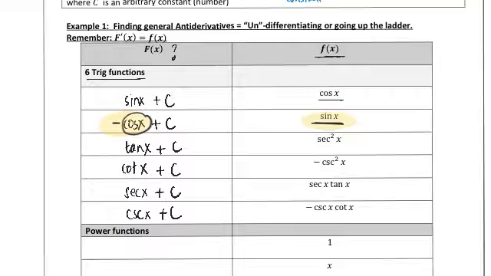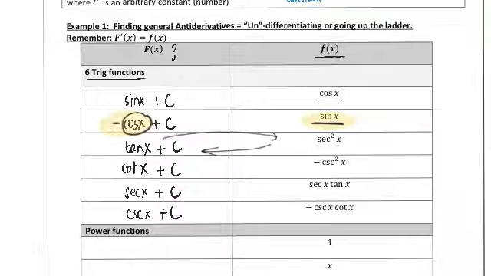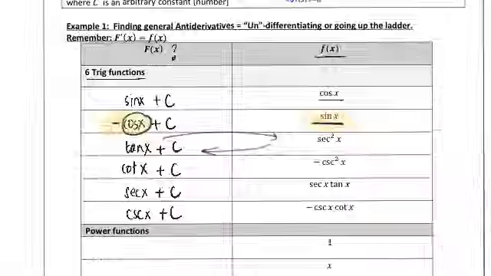So pay attention to that one. The rest of them, it's literally going backwards. The derivative of tangent is secant squared, for example, so the antiderivative of secant squared is tangent, and we need to remember to put on the plus c for the general antiderivative.